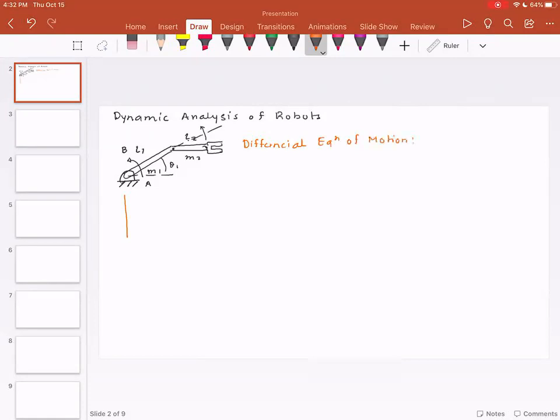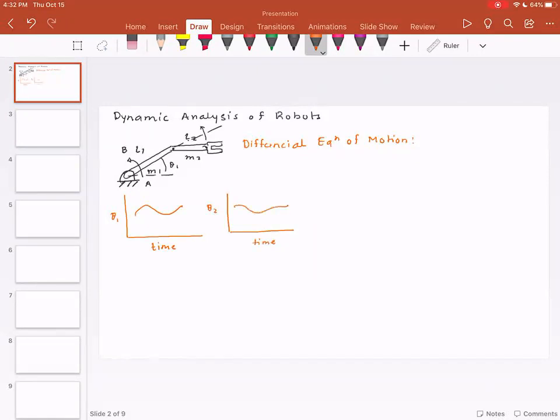So what does a differential equation of motion for robot mean? Differential equation of motion for a robot tells us how the robot evolves. How the robot changes its positions and velocities. So if I have a variable theta 1, I'm interested in time evolution of theta 1 with respect to time. Then I'm interested in finding out value of theta 2 with respect to time.